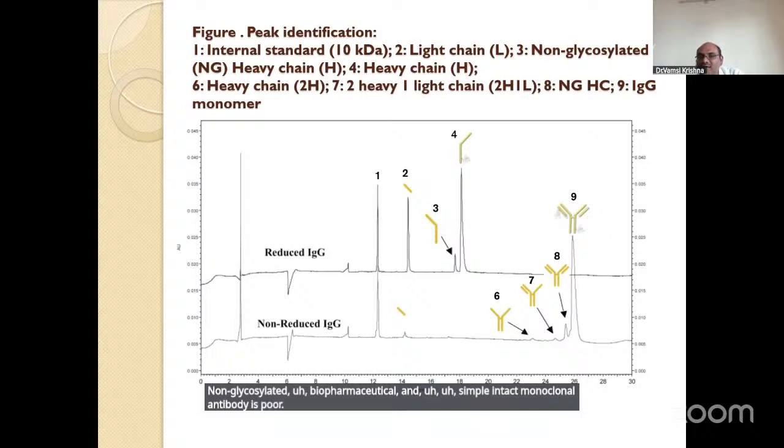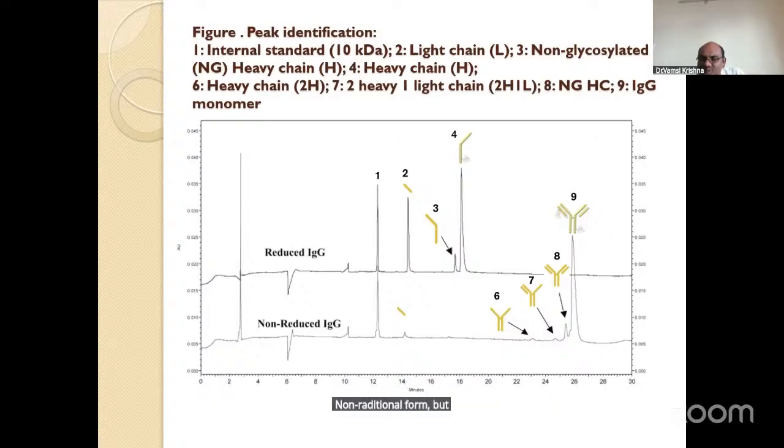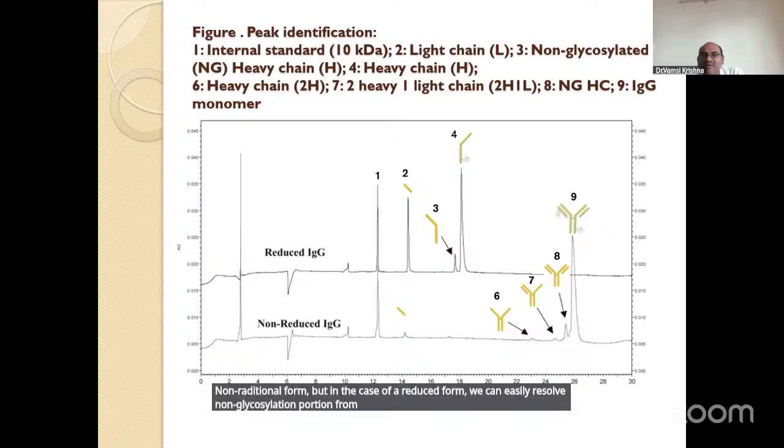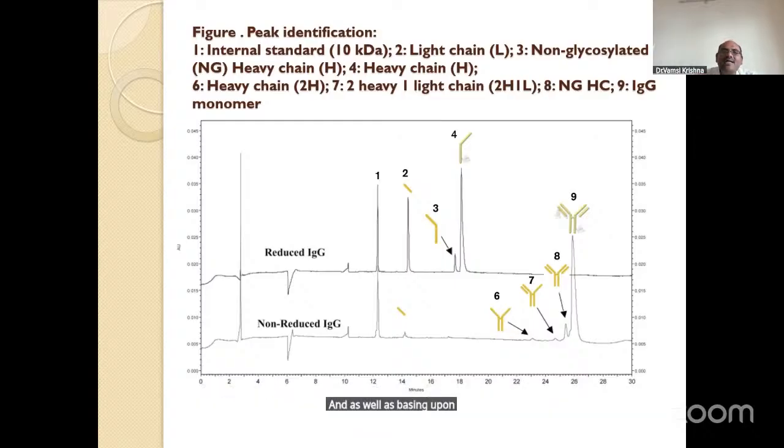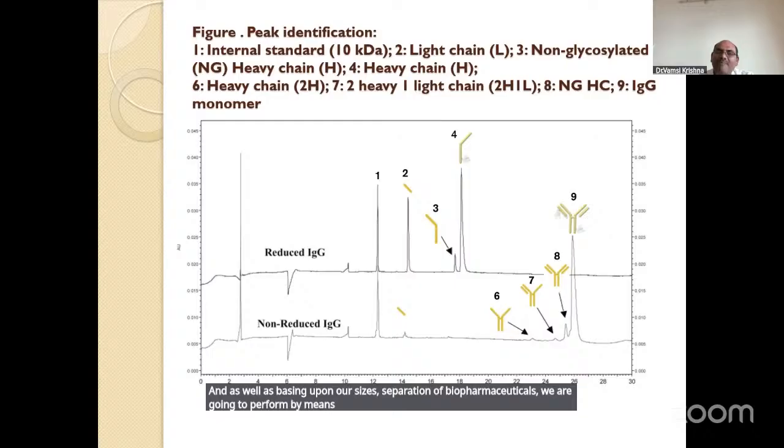The resolution is poor. That's why we can identify the non-glycosylation portion in the non-reduced form, but in the reduced form, we can easily resolve the non-glycosylation portion from the glycosylation portion of our monoclonal antibody, and thereby identify and quantify both. Based upon size, we separate biopharmaceuticals by capillary gel electrophoresis, commonly called SDS-CGE.